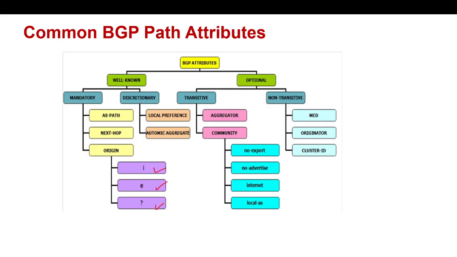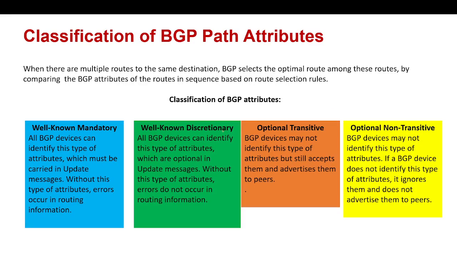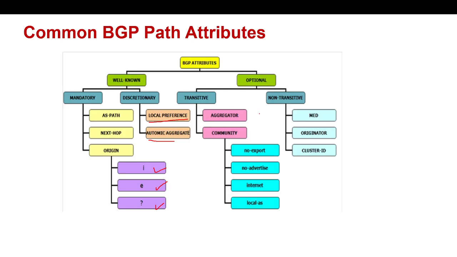The well-known discretionary attributes are mainly local preference and atomic aggregate. Then we have the transitive ones: aggregator and community. Ibe, once I share the slides, you can get them on this page. I hope that's clear.